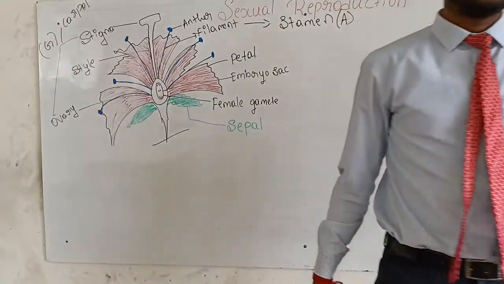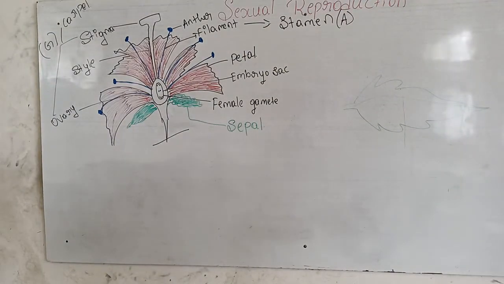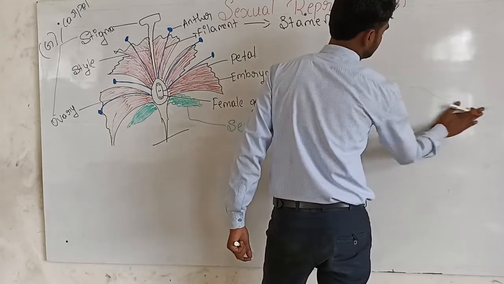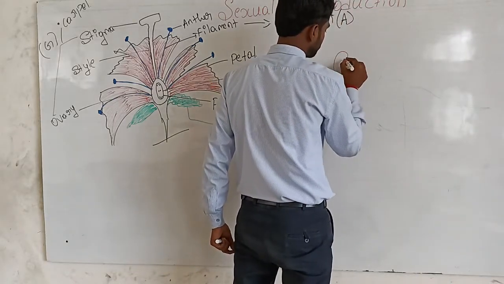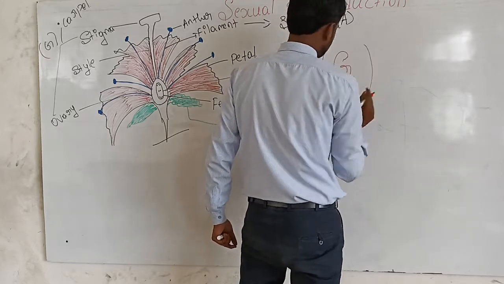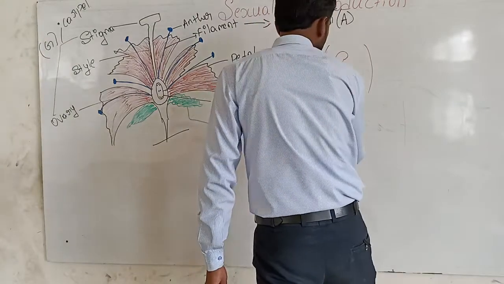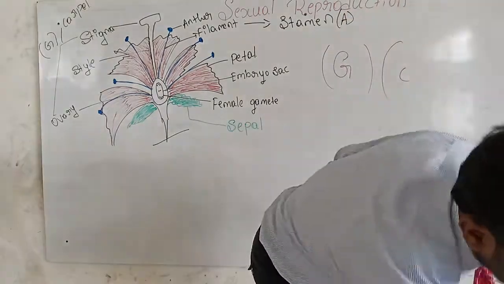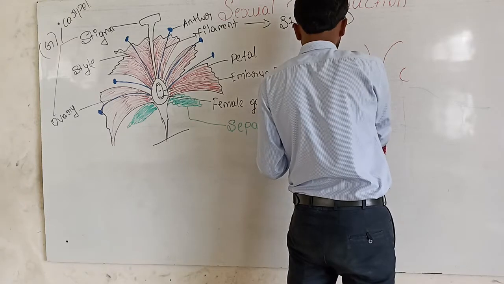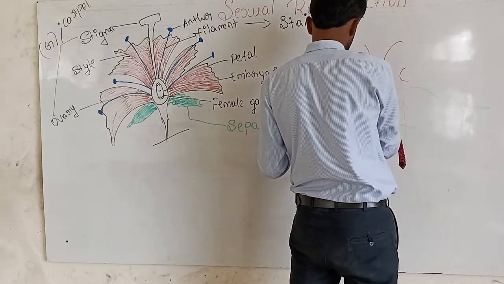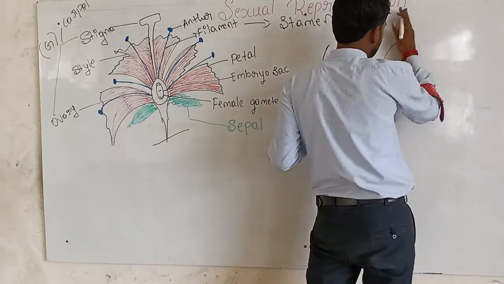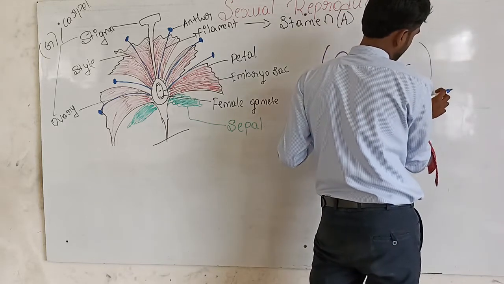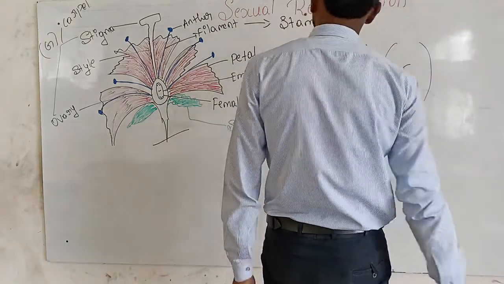So first of all, you can see in the flowers the gynoecium. Gynoecium, and it is also called the carpel, and also called the female reproductive part. Listen carefully, all of you.